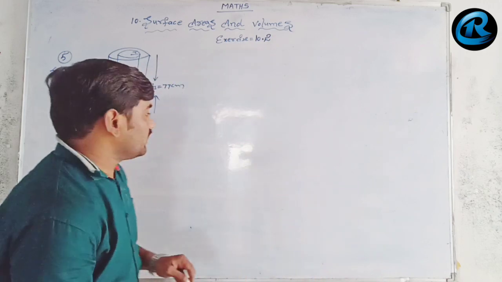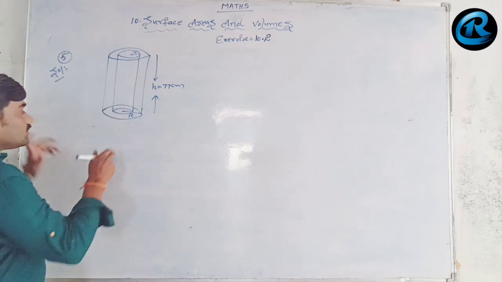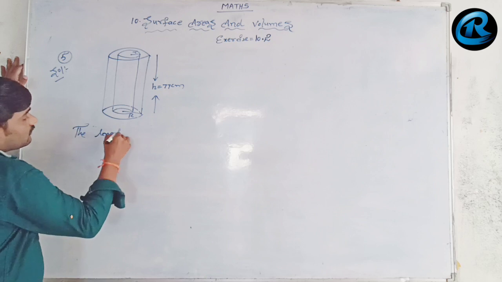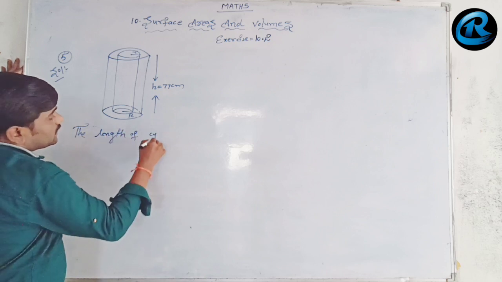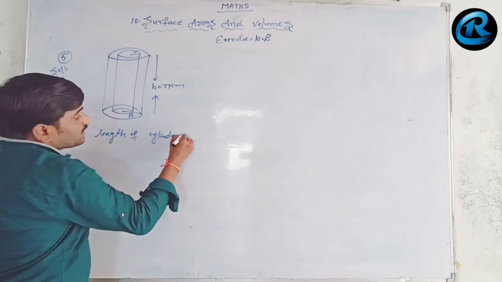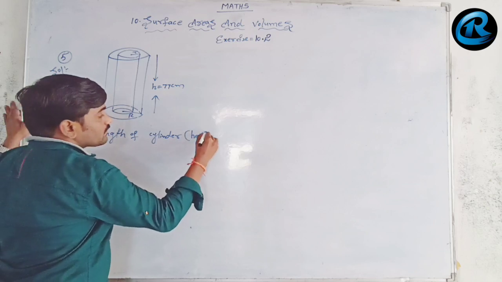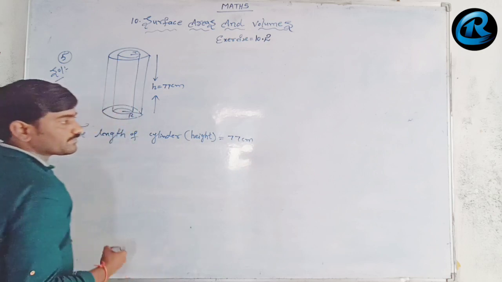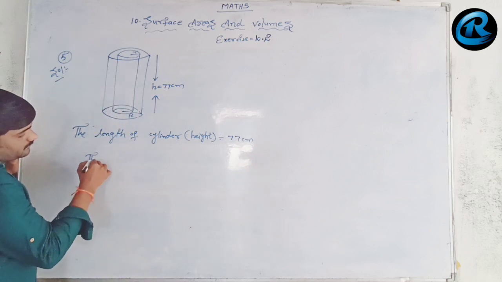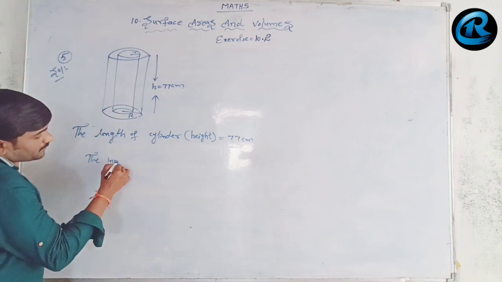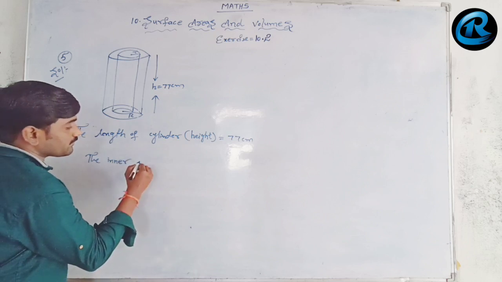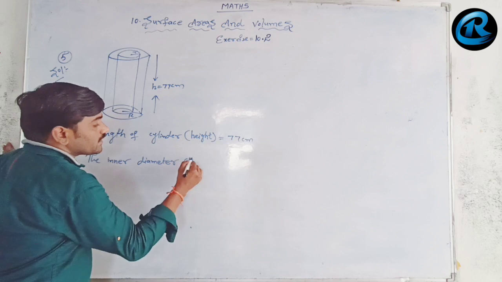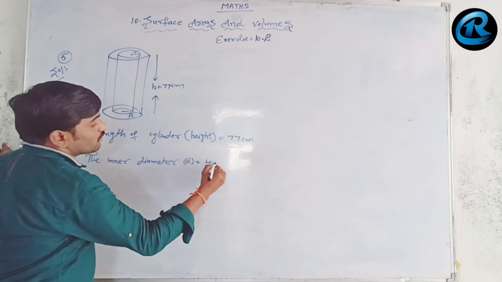So, as given, let us write here what is given. The length of the cylinder, nothing but the height, is 77 centimeters. The inner diameter D equal to 4 centimeters.